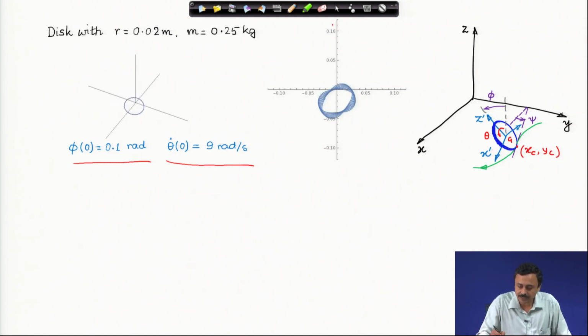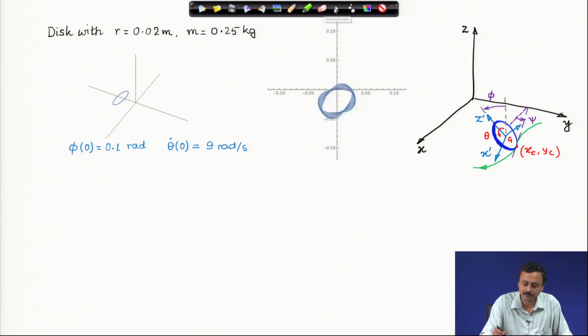Notice another thing, here is the trace of x c, y c. On the right I show the trace of x c, y c, and you will notice a constant drift. It started like this, but then it starts drifting like this. It starts from here, and you will notice when it comes back to the origin of the coordinate system, there is a slight shift from the y axis.